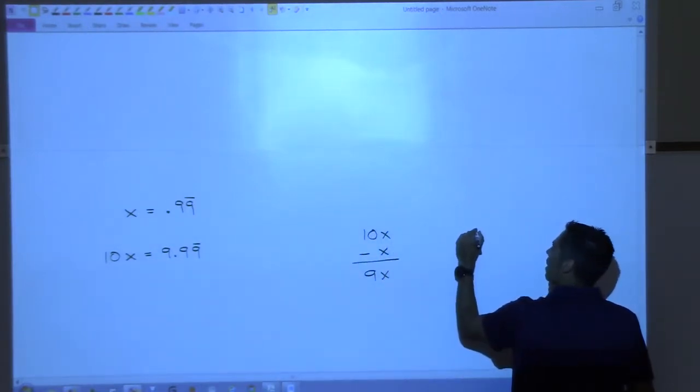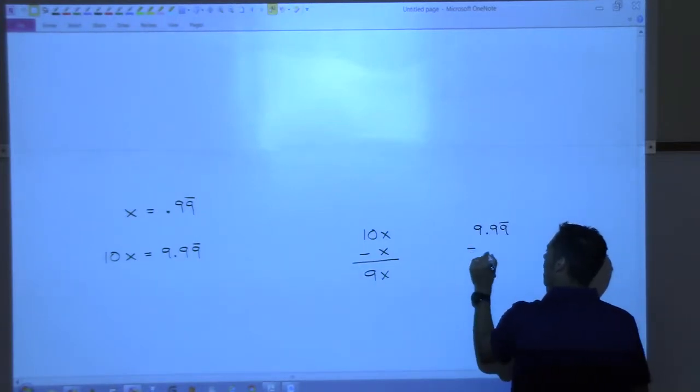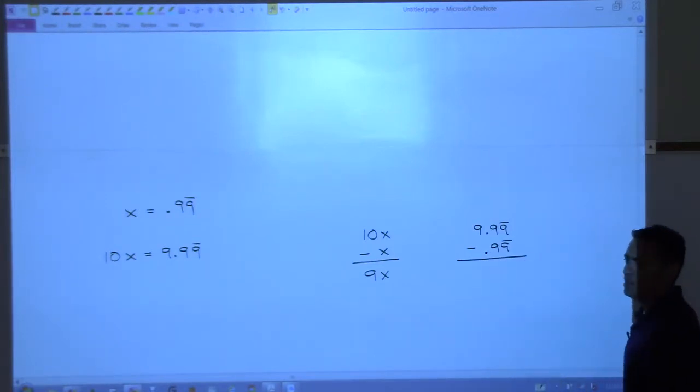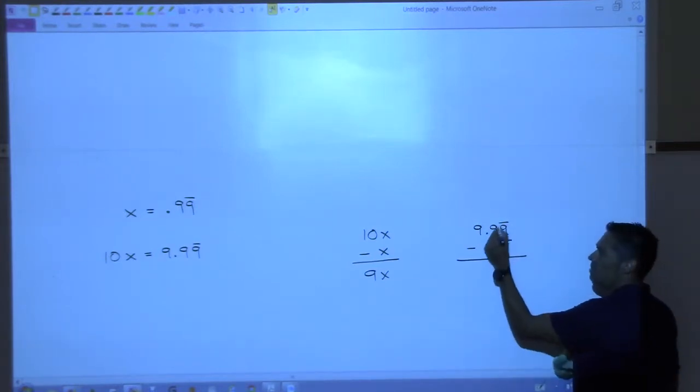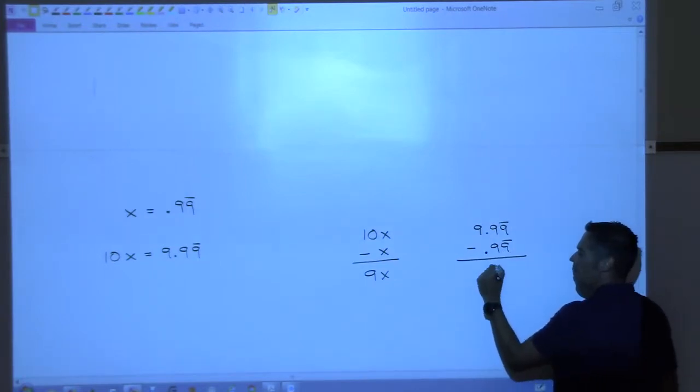So if I take 9.99 forever and I subtract 0.99 forever, what do I get? I get 9, don't I? Because the tail end of this cancels out with the tail end of this, and all that's left is that 9.